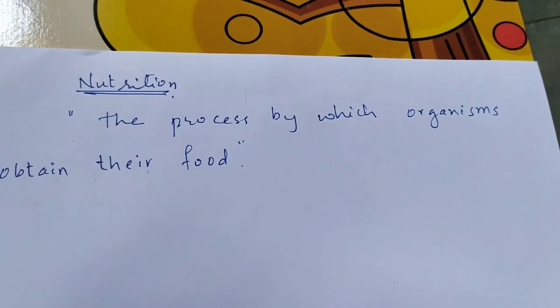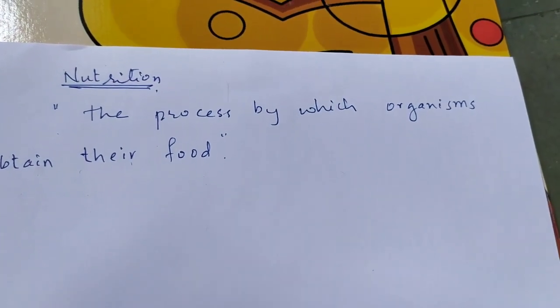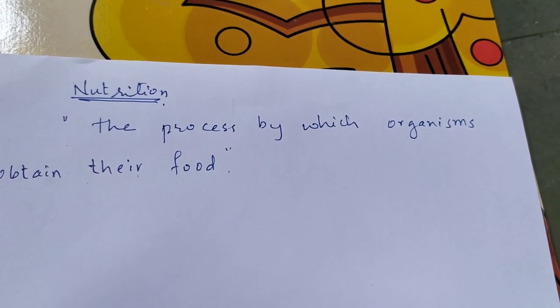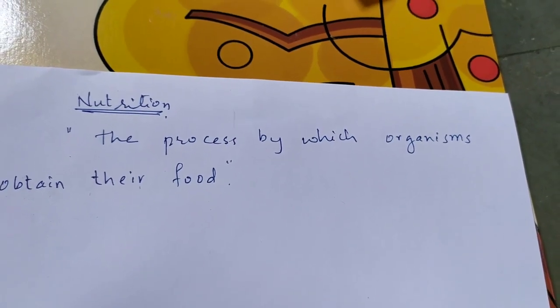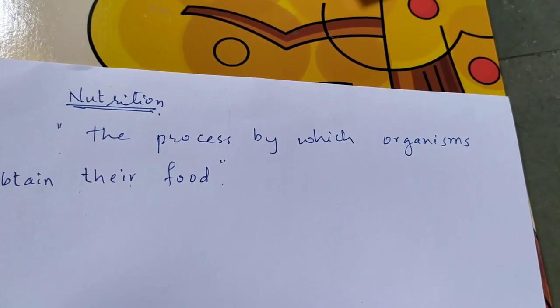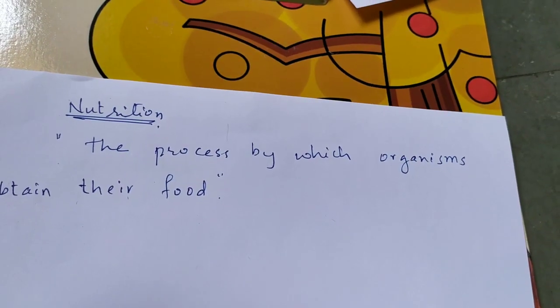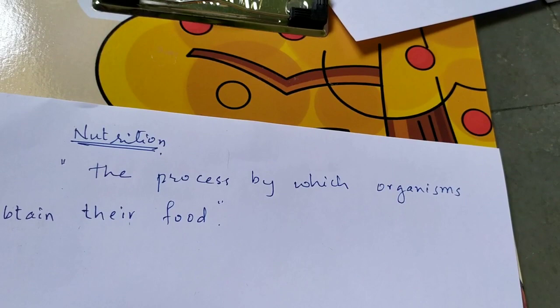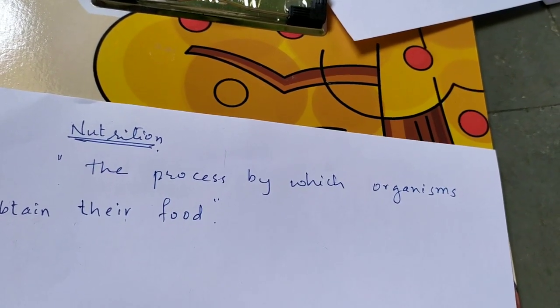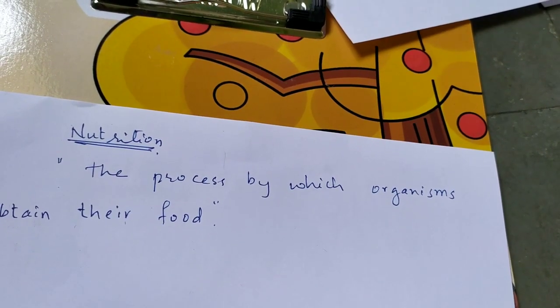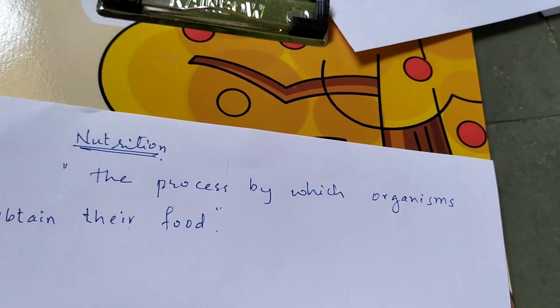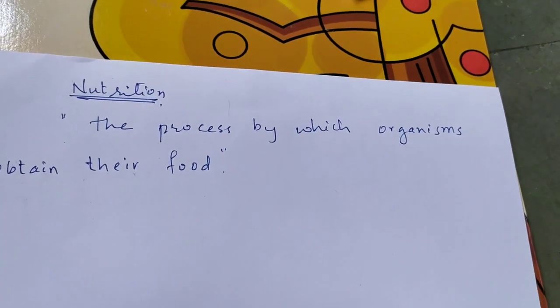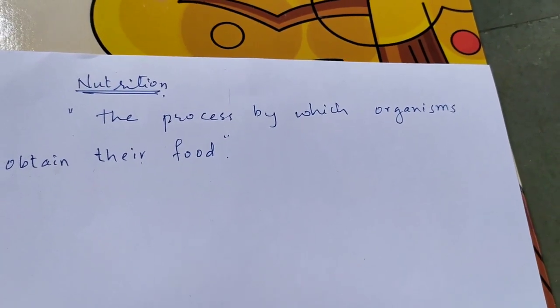So, why do they need food? The organisms need food for various functions. For example, they use the food to obtain energy or to build and repair their tissues. So these are some of the ways by which the organisms utilize the food obtained through the process called nutrition.